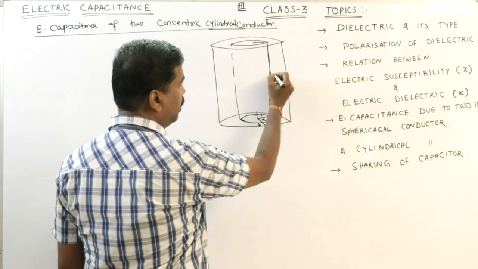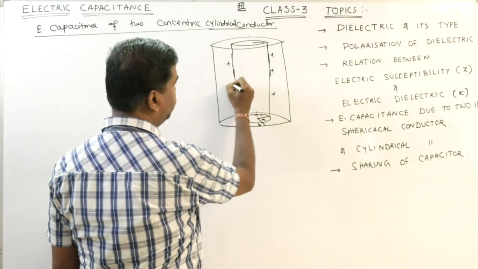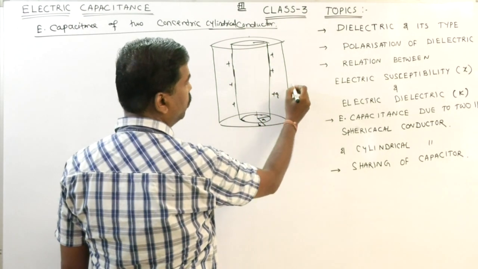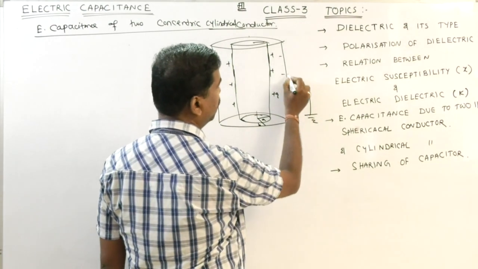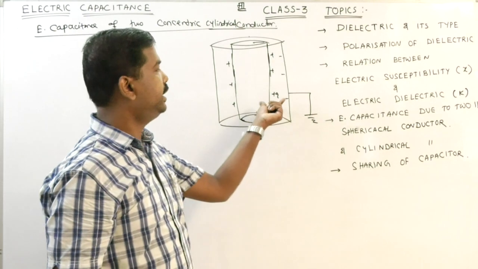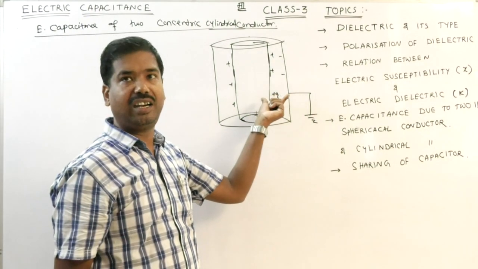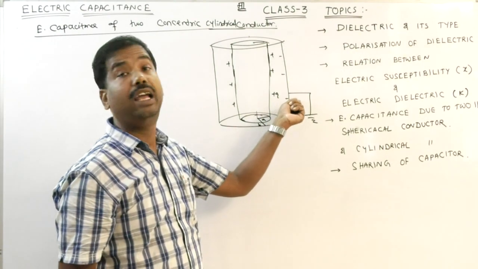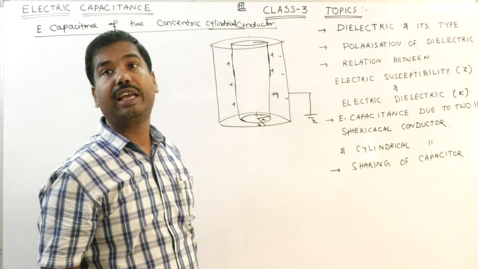Let the inner be charged with positive charge Q. Clear? And the outer surface is earthed. As two concentric cylinders are taken, one is positive charge and another has induced negative charge. Clear? Hence it behaves as a capacitor.